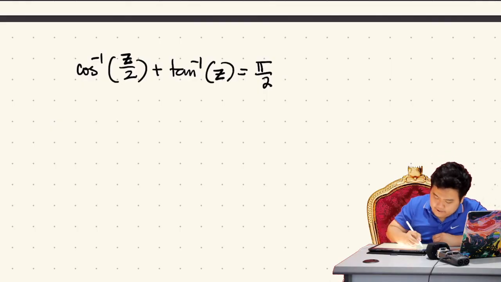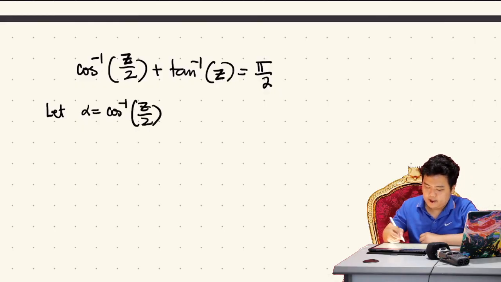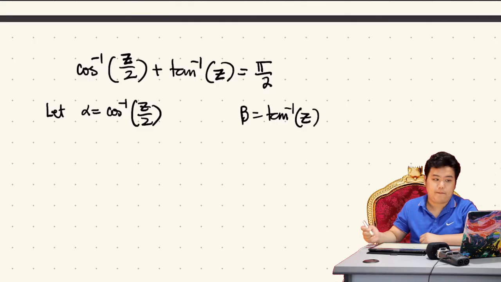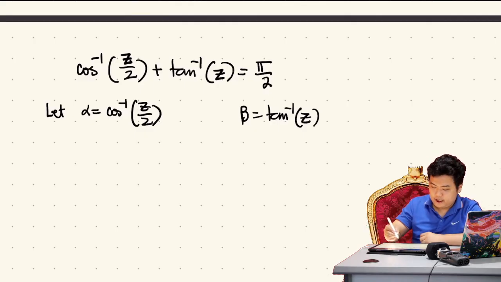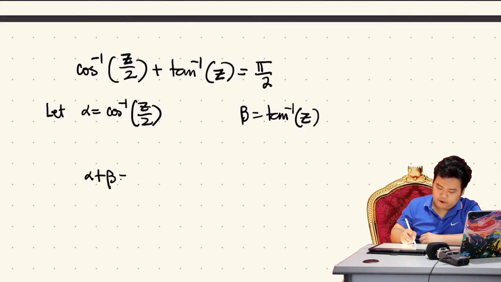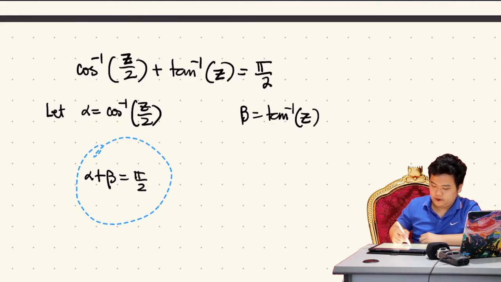Okay, so let alpha equal to cosine inverse z over 2 and beta equal to tangent inverse z. So, magiging equation na natin ay alpha plus beta equal to pi over 2. Okay, usog natin dito.